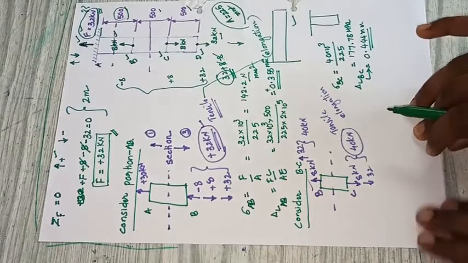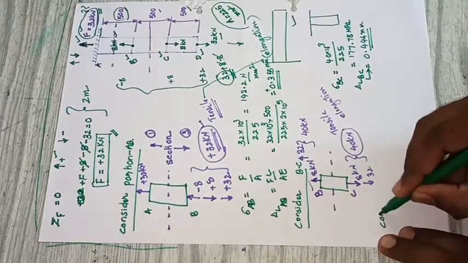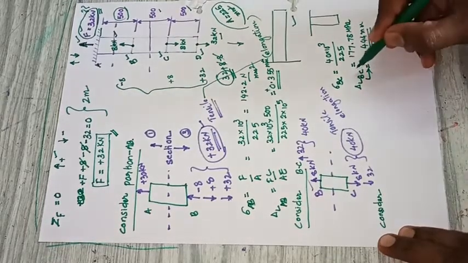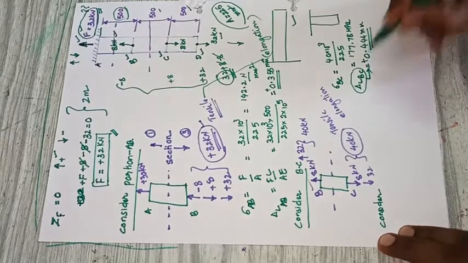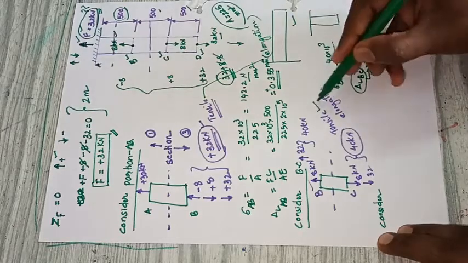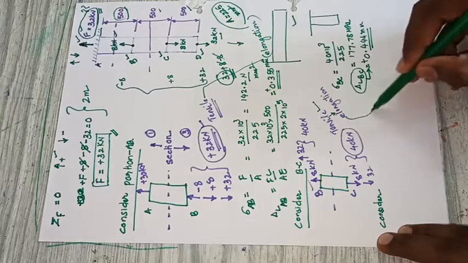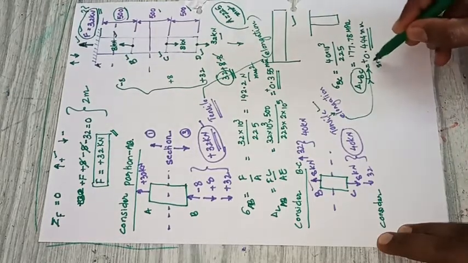Next, the last portion, consider. What we calculated, delta L BC, is tensile, so I have to take the sign as positive. Why? Because a tensile force is acting, and a tensile force will give you an elongation. So for the elongation we have to take the sign as positive.